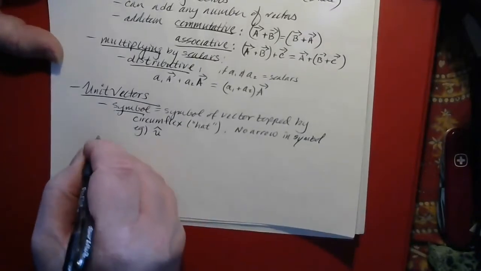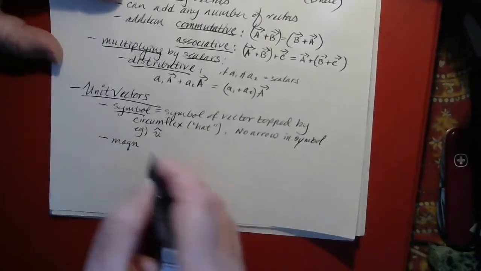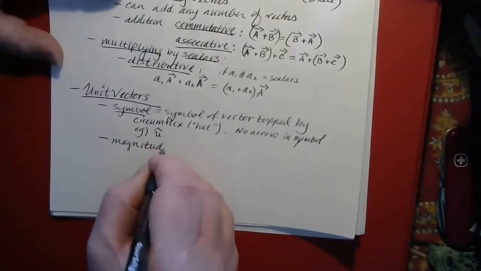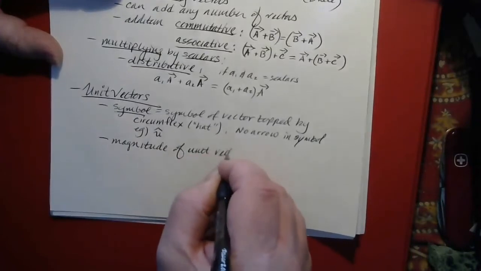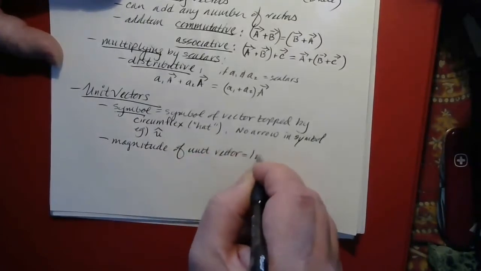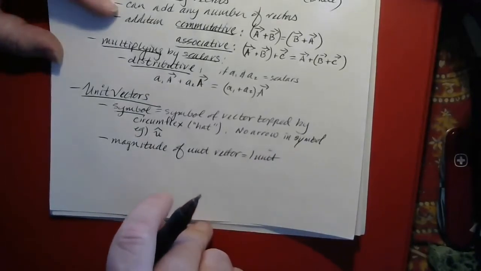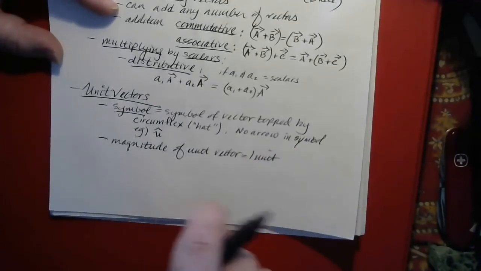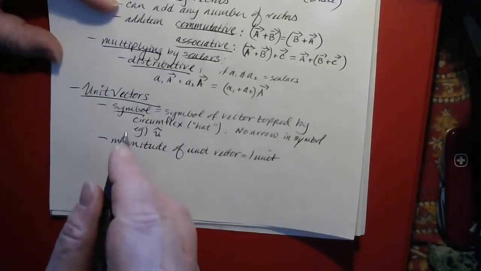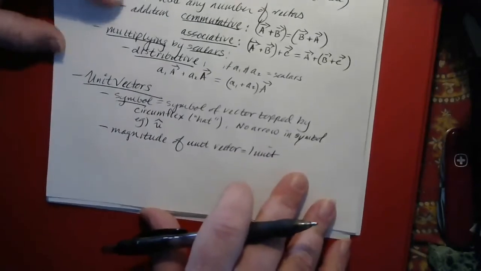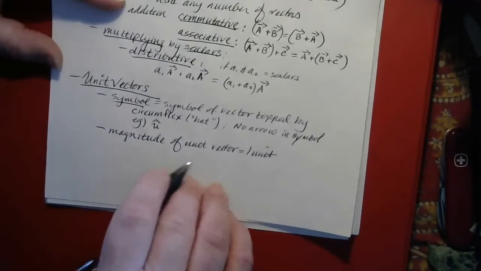The magnitude of a unit vector is always 1 unit, as the name implies, whatever the unit happens to be. You can specify units for the unit vector, but the value of the magnitude of the unit vector is always 1.